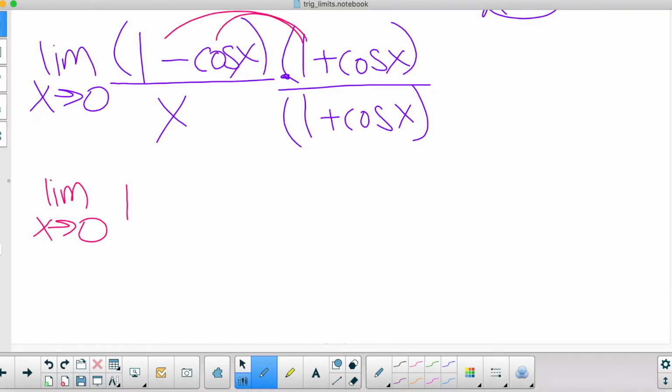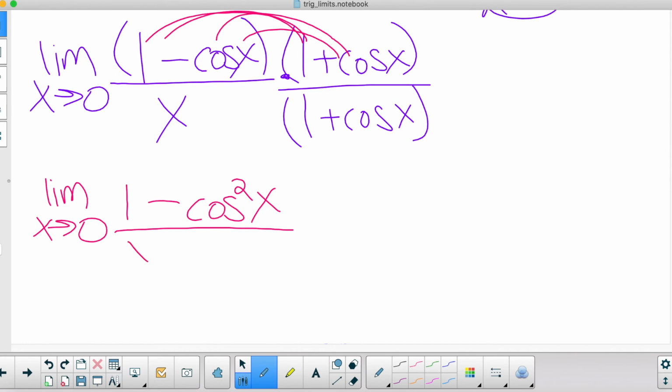But 1 times negative cosine x, and then we go through and do it the other way, where you take cosine x times 1, that's going to be the positive. Those are going to drop, so I'm not even going to write them. But then you have cosine x times cosine x. We have minus cosine squared x. And then in the denominator, I'm just going to leave this with x times 1 plus cosine x.